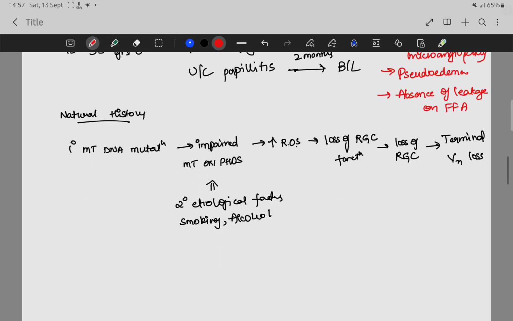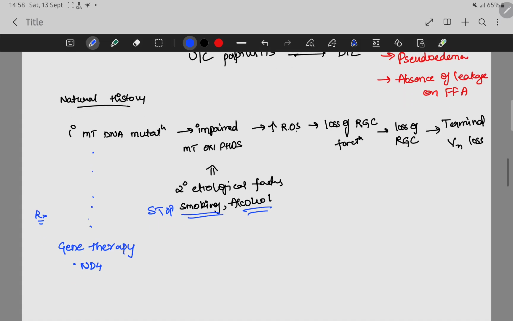Coming to the treatment strategies, it depends on the natural history. First, we have to stop the secondary etiological factors. Because it is a mutation in the DNA, we can focus on gene therapy, focusing on the ND4 gene. Here mitochondrial oxidative phosphorylation is impaired, so we can also try antioxidants.